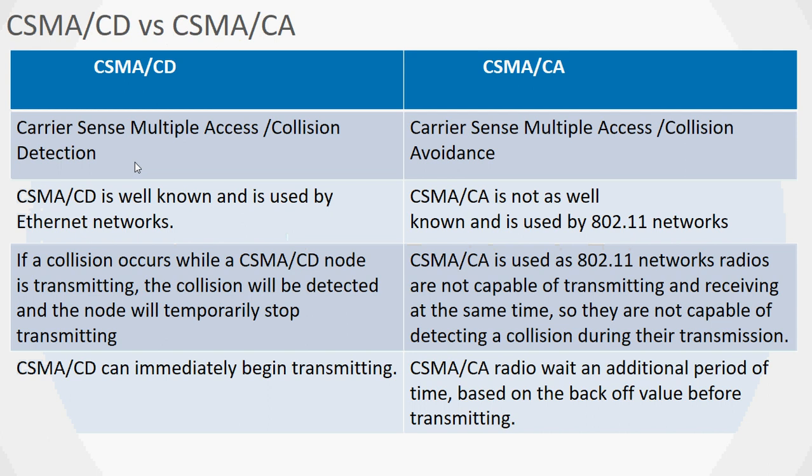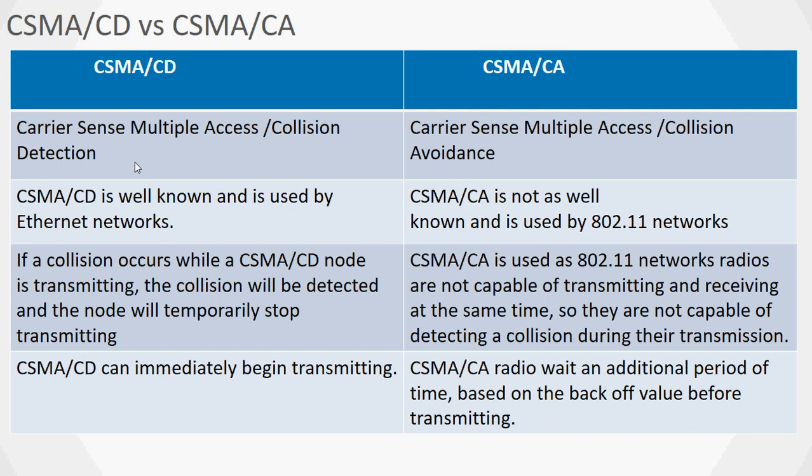CSMA/CD is well known and is used by Ethernet networks. CSMA/CA is not as well known as CSMA/CD and is used by 802.11 networks. Because 802.11 networks are half duplex in nature, it is not possible to transmit and receive at the same time, so it is not possible to detect the collision. So CSMA/CA is used in 802.11 networks.